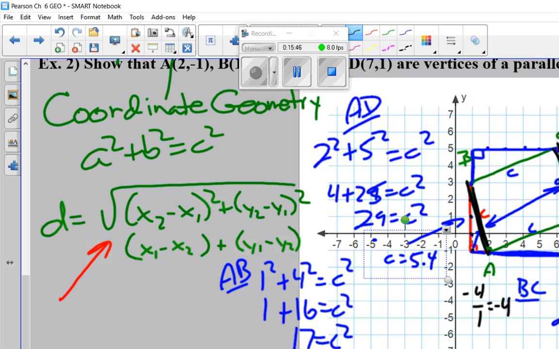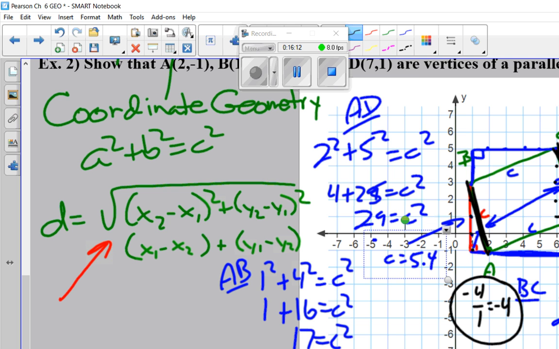I should get the same slope over here, and I go down 1, 2, 3, 4 over 1, I get the same thing. So that proves that they are parallel lines, and if they're parallel, and we already proved that they were the same length, then I only need one pair of parallel sides that are congruent to prove it's a parallelogram.